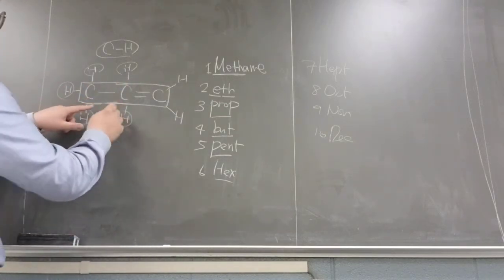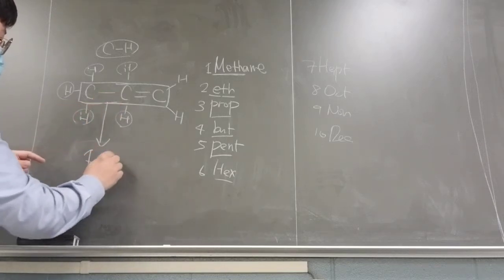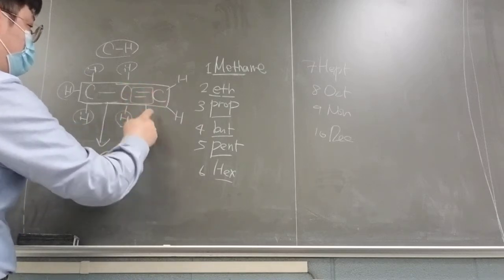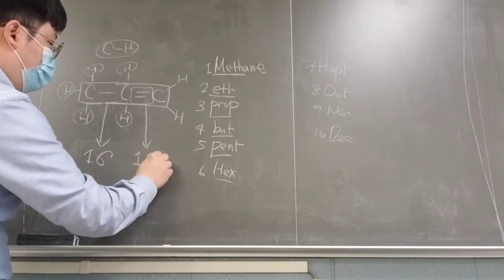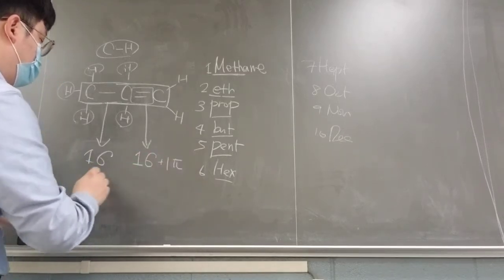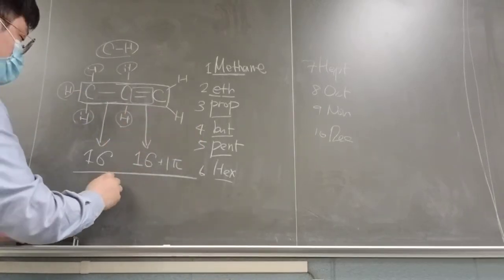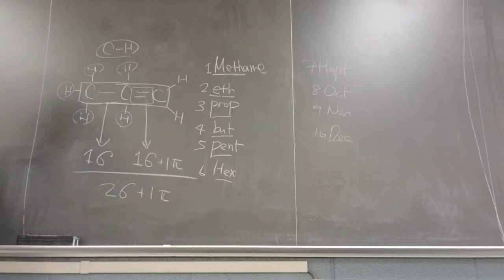So in this case, this is a single bond, so we know there will be one sigma bond. And here it's a double bond, right? So if that's a double bond, we know there will be one sigma bond and one pi bond. So in total, in this carbon chain, you have two sigma bonds and one pi bond. That will be the answer.